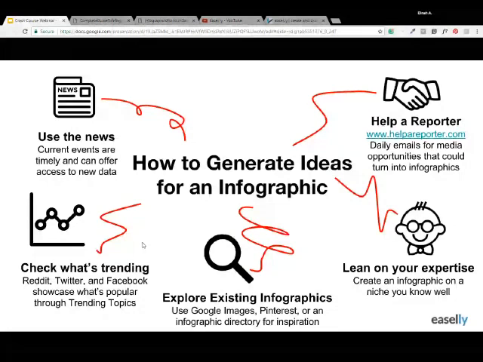You can also explore existing infographics. You can do a simple Google image search, or search across Pinterest, or even an infographic directory, to get ideas and inspiration. Do a search for infographic and then enter a keyword for your industry topic, and see what people are interested in, see what looks good, what attracts your eye, and get a feel for what's working.